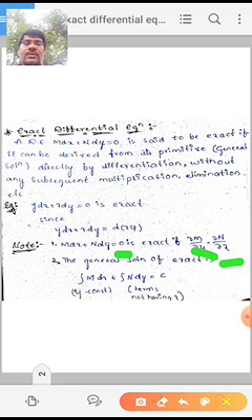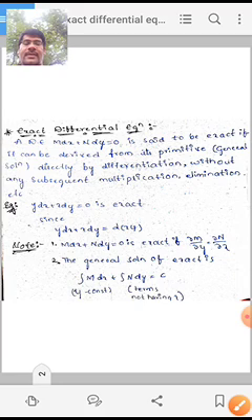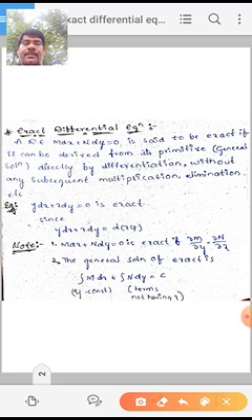The general solution of an exact differential equation is obtained by integrating directly. The first term is the integration of M dx. Here we are doing integration with respect to x, treating y as constant. Then we have to eliminate the terms in which the x variable is involved.